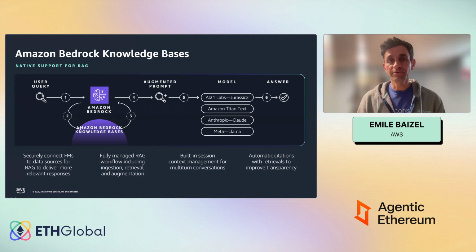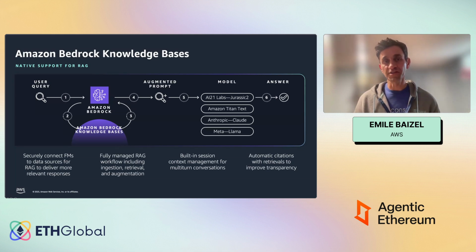So RAG really allows the agent to get data from your company data sources, and then it enriches the prompt with that data to deliver more relevant and accurate responses. Knowledge bases is a fully managed RAG capability that allows you to customize your foundation model responses with that contextual and relevant data.